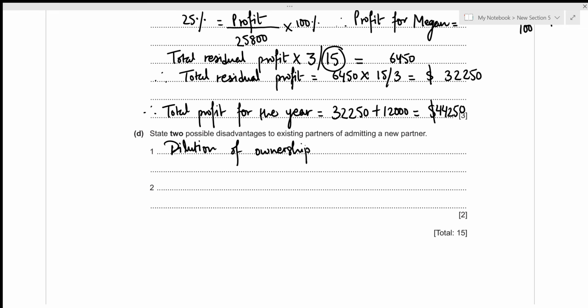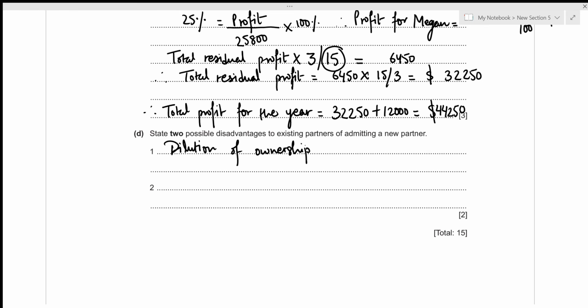Previously, when there were only two partners equally investing in the partnership, that's going to be 50% ownership, right? But if you admit a third partner and share the business equally, then that's going to dilute the ownership to 33.33%, right? So that's a big issue to existing partners while admitting a new partner.